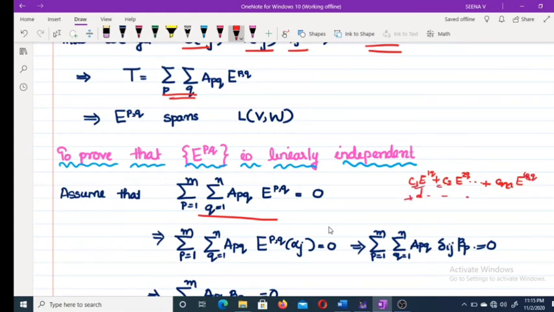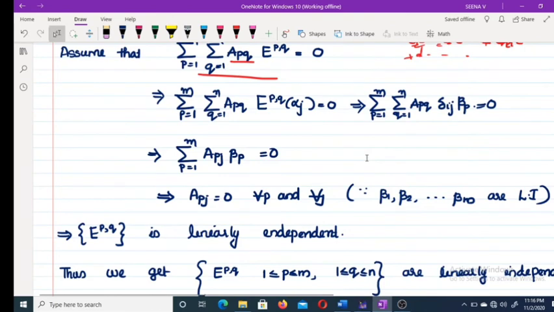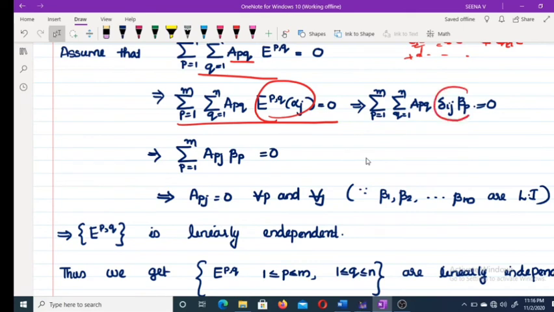For the coefficients we are replacing APQ. So sigma p equal to 1 to m, sigma q equal to 1 to n, this equal to 0. This equal to 0 implies this of alpha j equal to 0 of alpha j. Now this of alpha j you can write equal to 0. That means this value is actually equal to delta jq beta p. Therefore this is equal to 0.